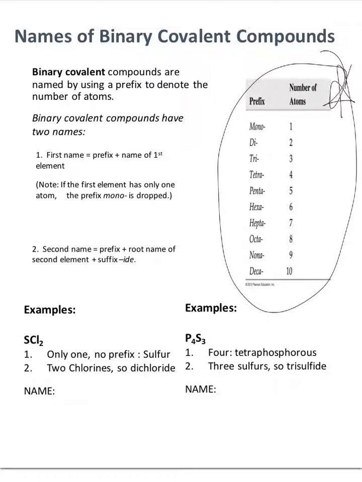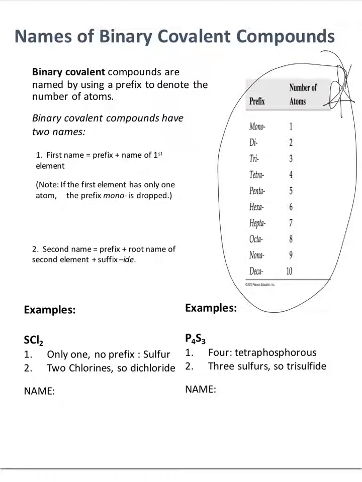So when we actually go through and we name covalent compounds, what we will do is first name the first element using the prefix. So if you have nitrogen, for instance, and you have 2 of them, you would just say di and nitrogen.